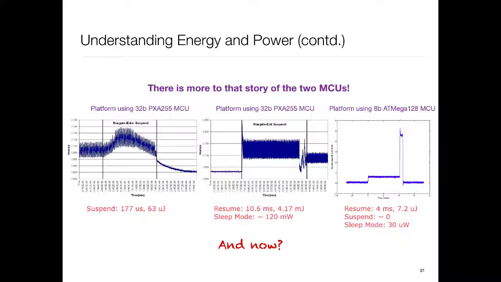So if my application is of a type where I'm going to spend a lot of time in sleep mode, then the 8-bit one is going to handedly win out. Even though I may be inefficient in doing the computation, if I do that computation once in a blue moon, I again win out. Imagine a system like your home security system.